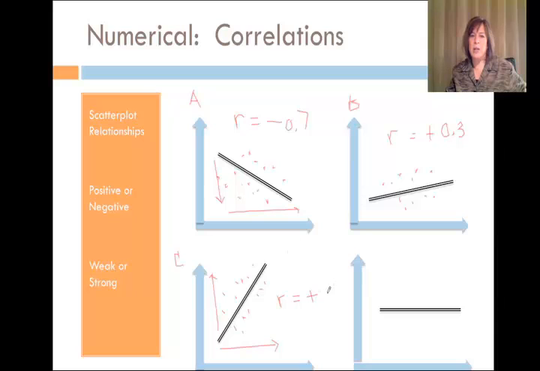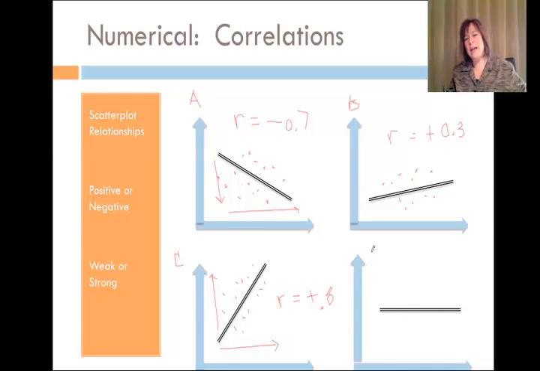So it's probably going to be a very strong relationship. I'm going to say it's 0.8. I'm making up the numbers, but you can tell by the slope of the line, the steepness of the line, whether it's a strong or a weak relationship.